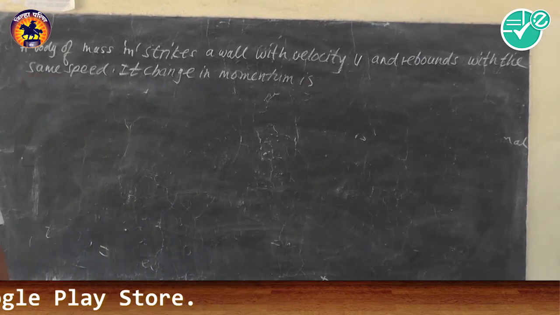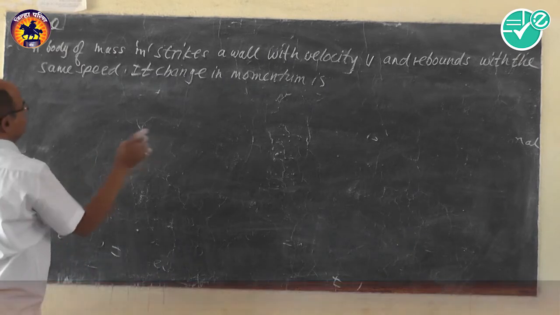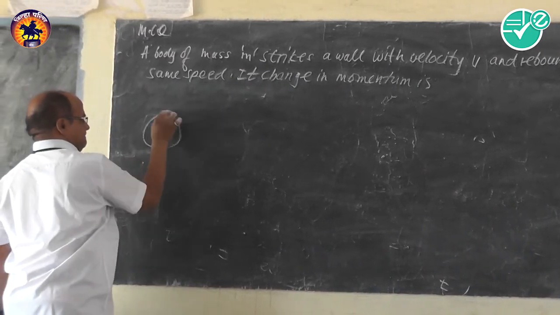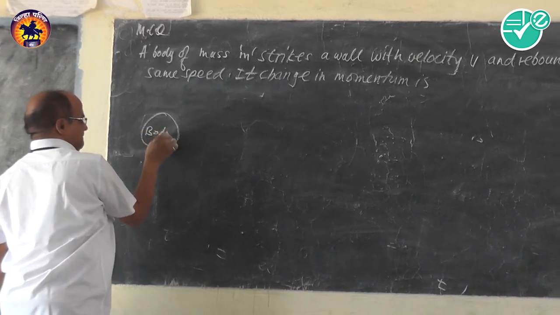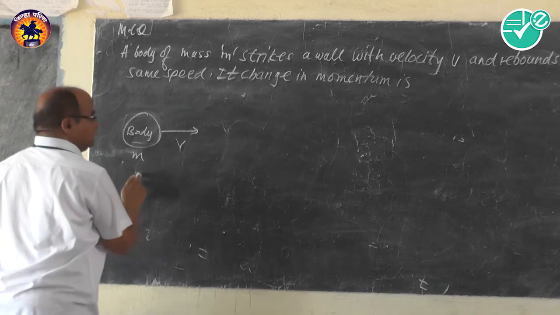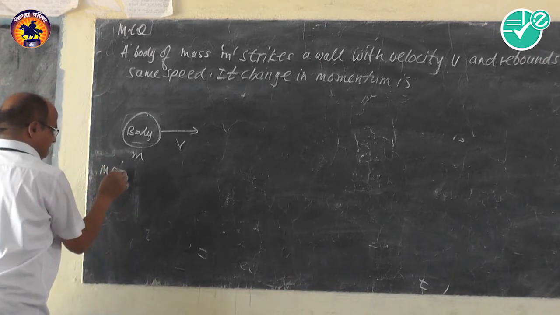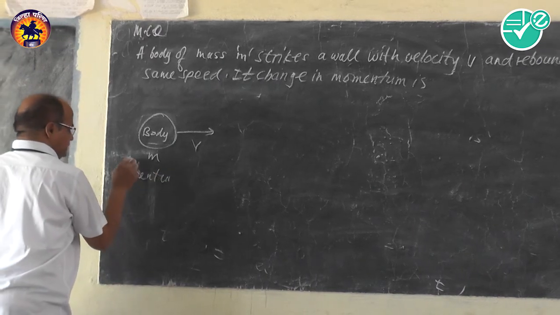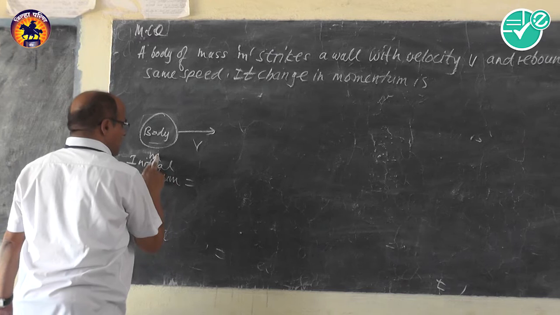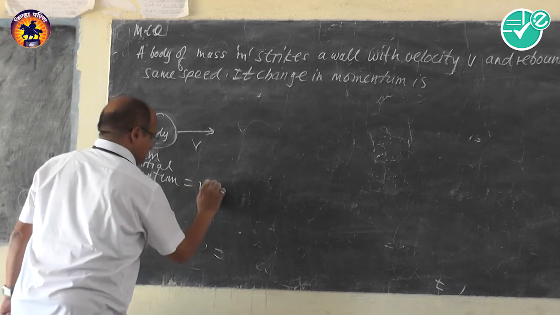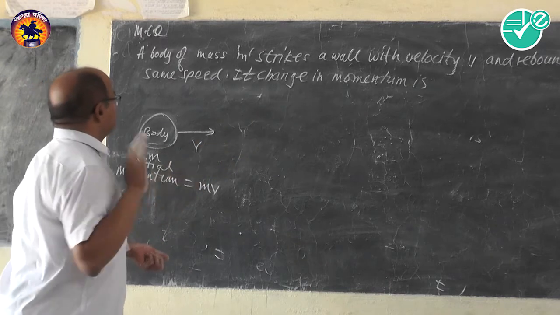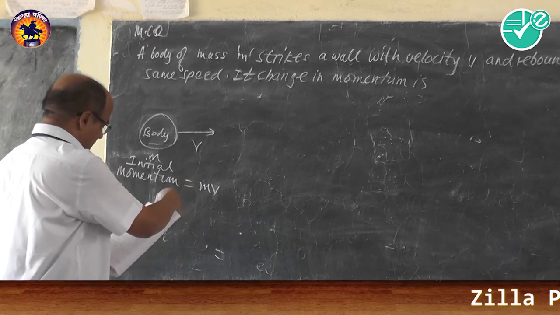A body of mass M is moving with velocity V. So naturally the initial momentum of the body is M into V. This same body rebounds with the same speed from a wall.